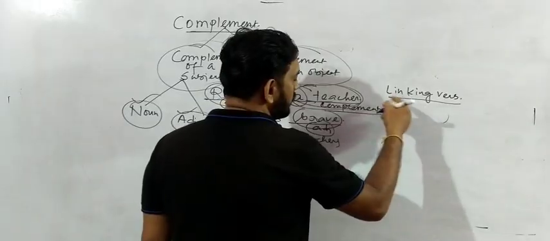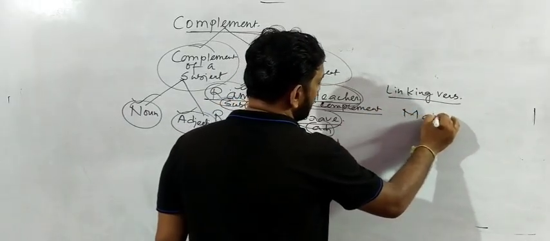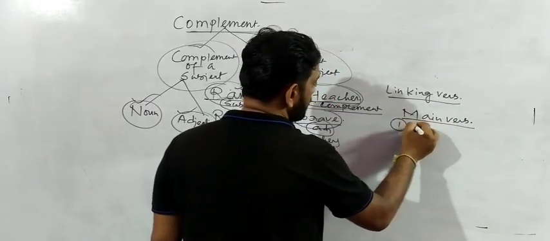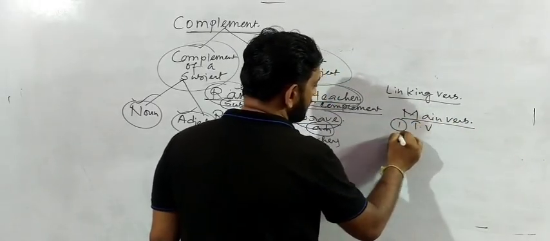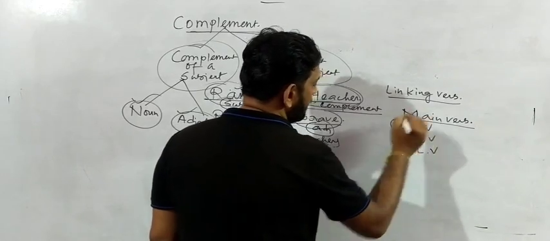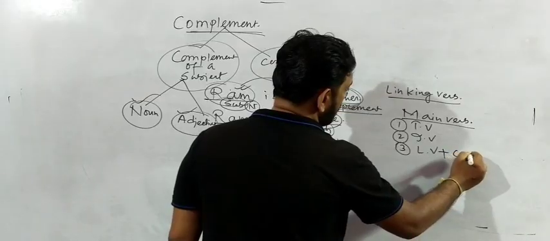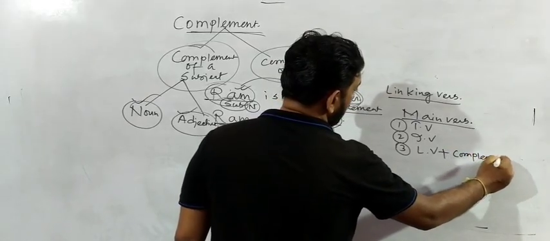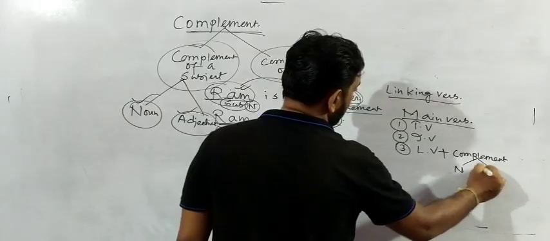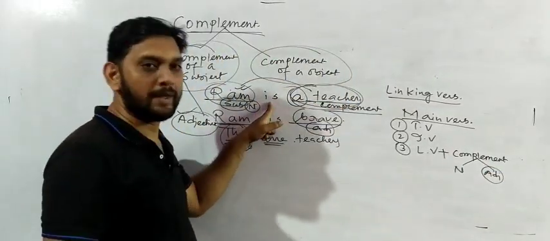If I want to make it easy, the main verb has been divided into three parts. One is called transitive verb, second is called intransitive verb, and third is called linking verb. Yes or no? And after a linking verb we need to use a complement, and the complement is either a noun or an adjective.